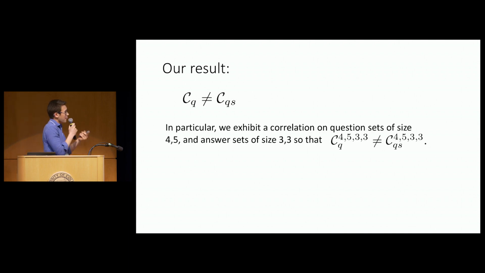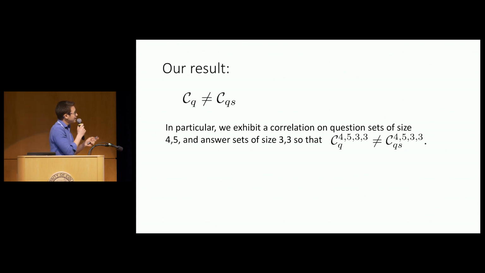And we show this by exhibiting explicitly a correlation on question sets of size 4 and 5 and answer sets of size 3 that is attained exactly in infinite dimensions, but no finite dimensional strategy can attain.